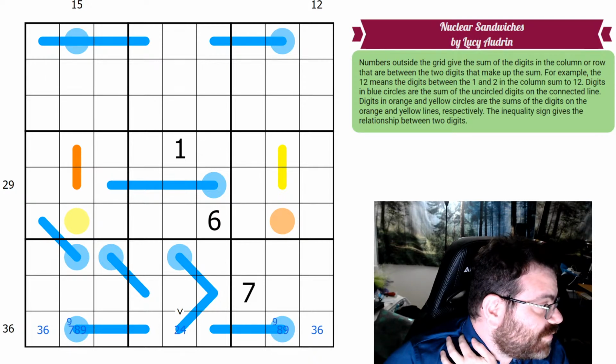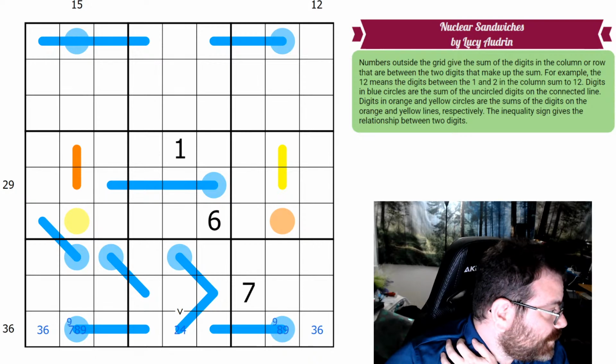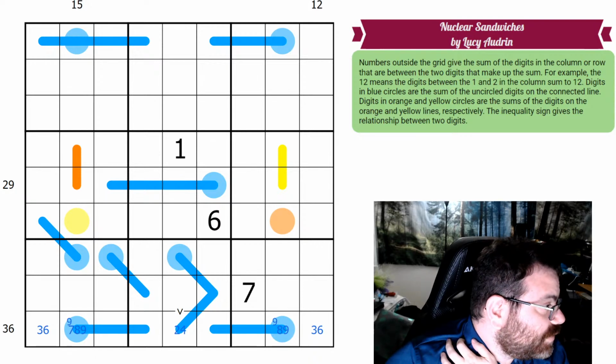Oh, I'm dropping a lot of frames. Yeah, I'm dropping frames. I don't know what to do about that.